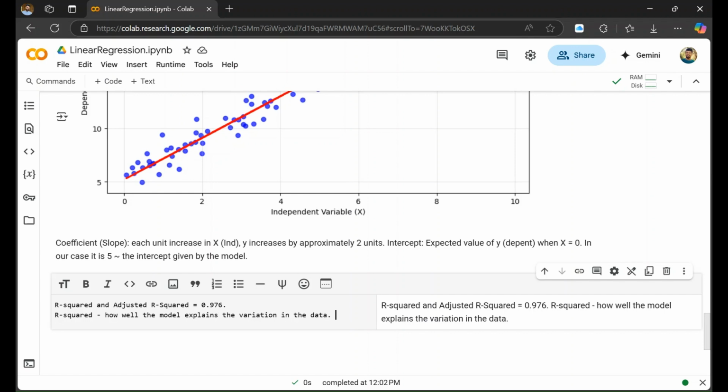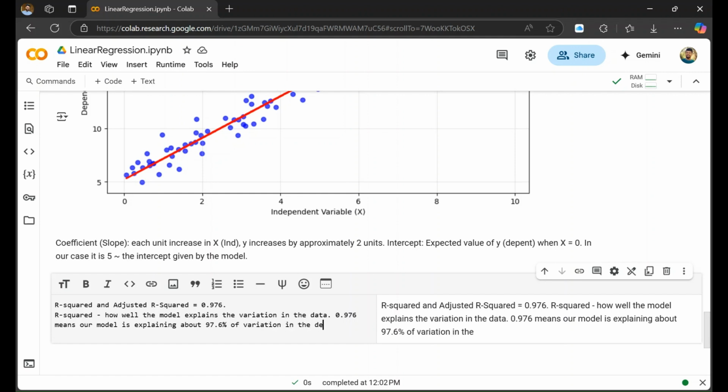An R square of 0.976 means our model is explaining about 97.6% of the variation in the dependent variable y.